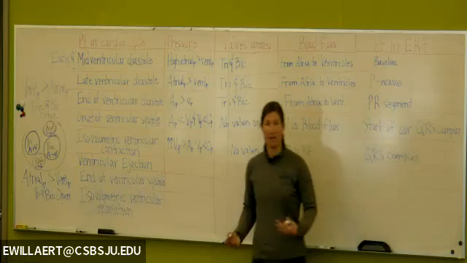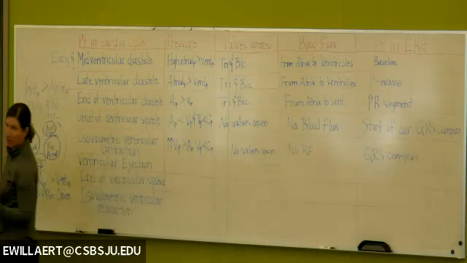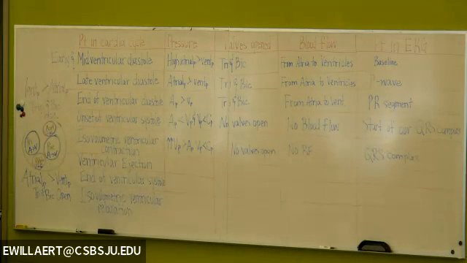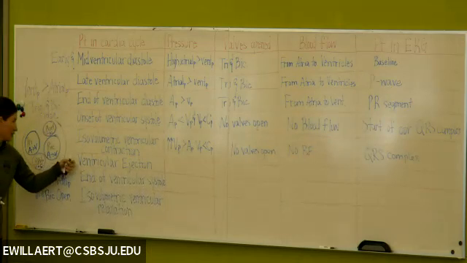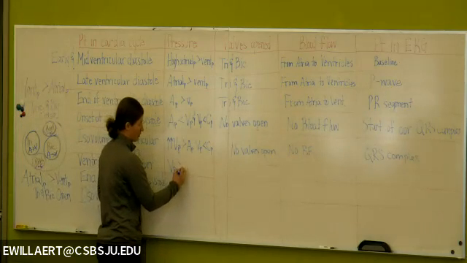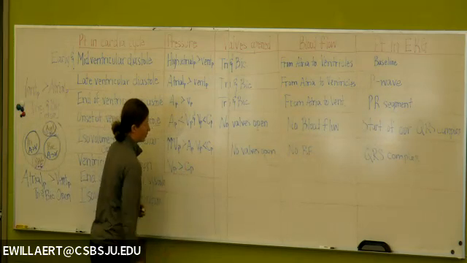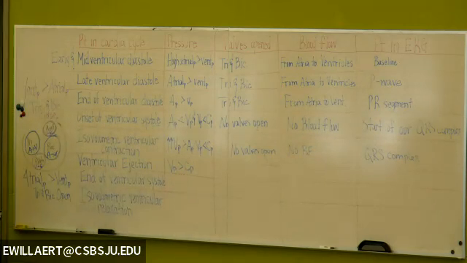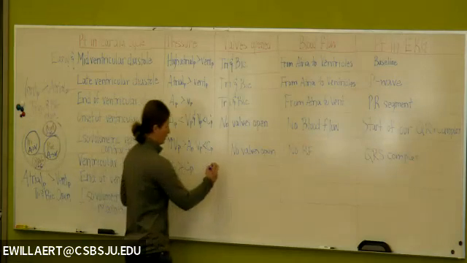Why is our QRS complex so big? Because we're trying to generate enough force to open those valves up. And all of a sudden, we've generated enough force where ventricular pressure has increased enough to be greater than circulatory pressure. And when that happens, what valves are going to open up? Your pulmonary and your aortic.